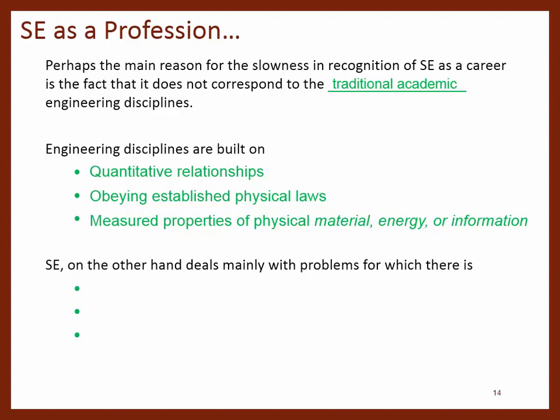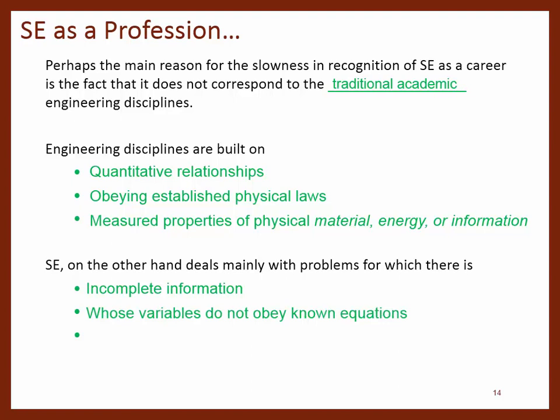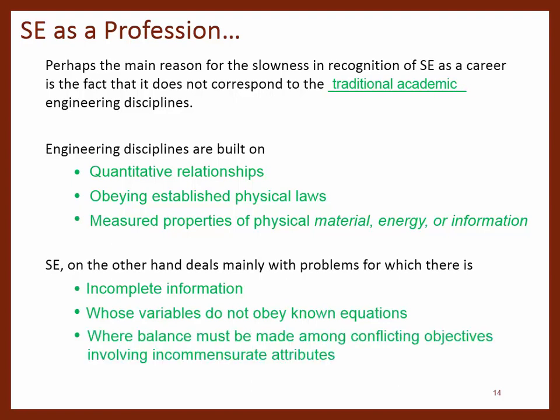We deal mainly with problems for which there is no or incomplete information, whose variables do not obey known equations, and where balance must be made among conflicting objectives involving incommensurable attributes. So within this discipline, we are not necessarily following the traditional disciplines in many aspects, because we deal with this uncertainty.